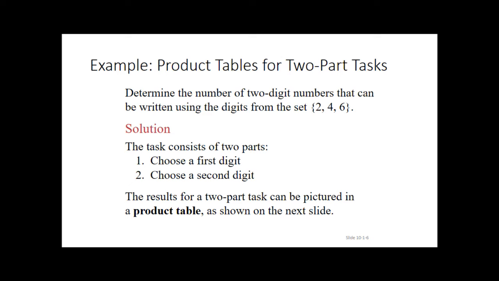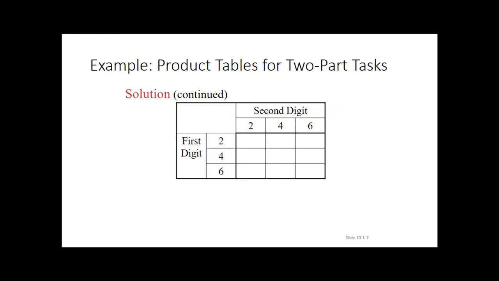So we have several options for each. Whenever you have a 2-part task, an easy way to draw a picture of what your options are is a product table. This is just like in school when you did multiplication tables, except you're not multiplying. Here I've drawn a product table that's going to represent the results of the 2 digits.